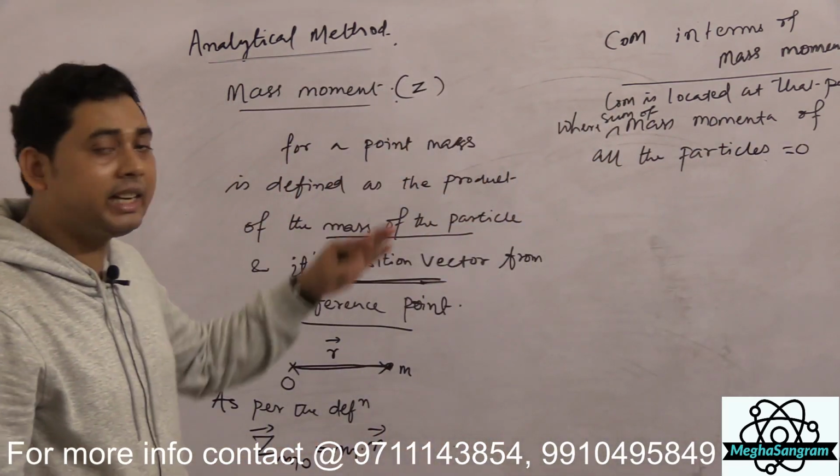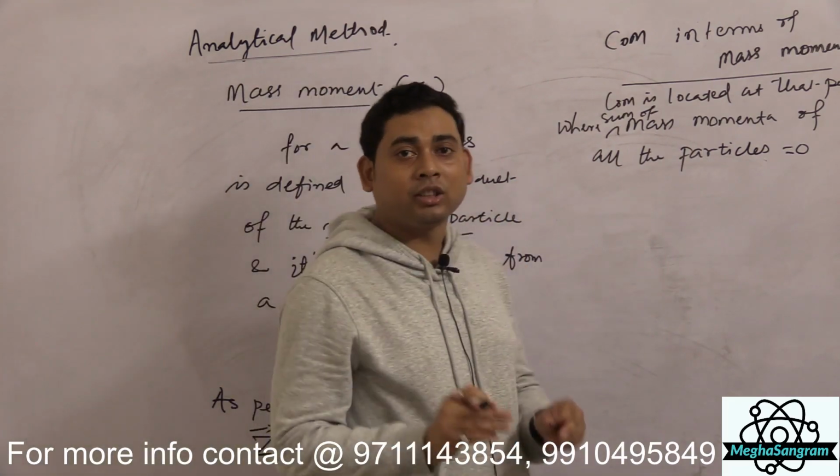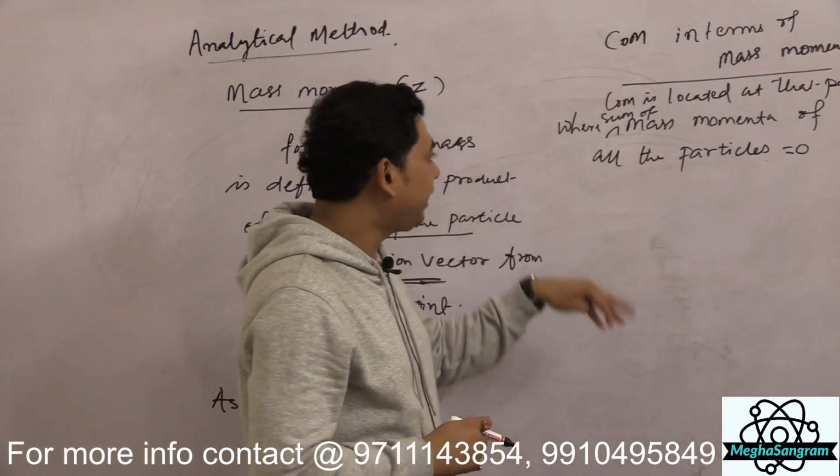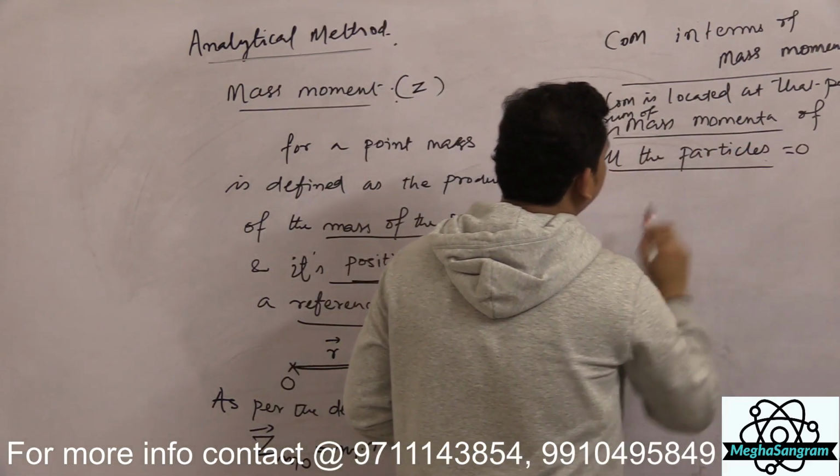All right, so this is the relation between center of mass and mass moment. It is saying that at the point where center of mass is located, the sum of the mass momenta of all the particles is equal to 0.